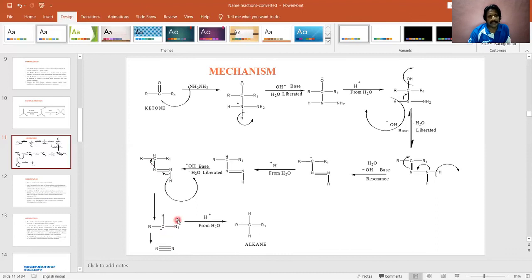Okay, but the water formed here can dissociate into H plus, and that H plus will be added over here, and OH minus will remain chemically unchanged at the end of the reaction to give our desired product, that is alkane. So again, we can call this mechanism as a carbanion mechanism.